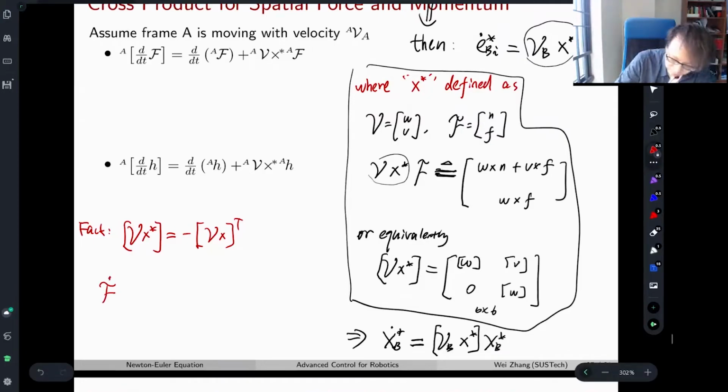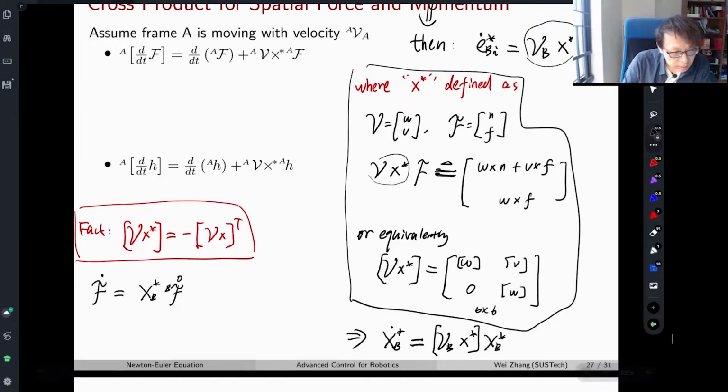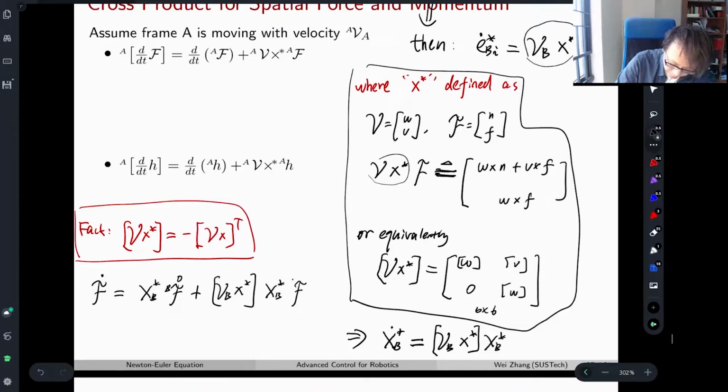So F dot, let me use this black color, F dot actually equals x_B star times F_B ring, that's the apparent derivative of the coordinate, plus x_B star dot, which will be v_B cross star times x_B star times F_B as well.